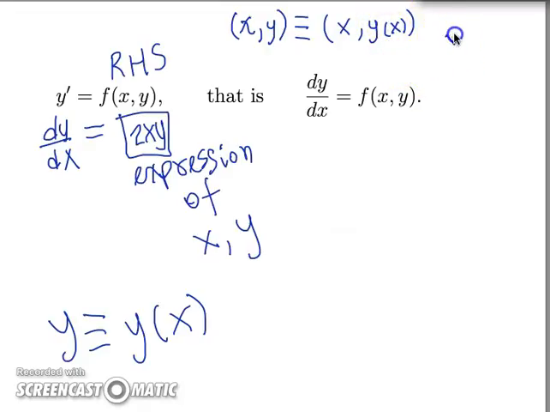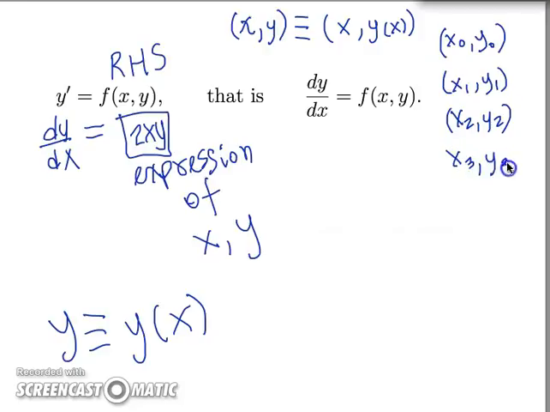And so now we want to think in terms of x0, y0, a pair in the two-dimensional plane, maybe x1, y1, and maybe x2, y2, and x3, y3. And what do we do with all these pairs? Well, we'd like to evaluate. Okay, we want to evaluate the right-hand side at each one of those.